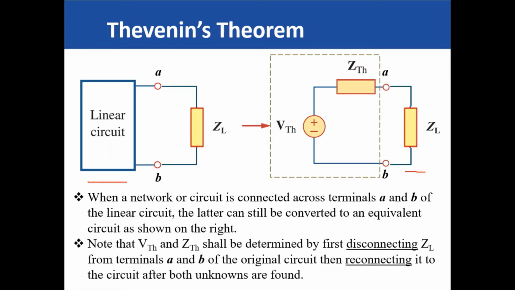And then after getting these parameters, VTH and ZTH, we can then proceed by reconnecting the disconnected element or network and proceed to determine whatever parameters that we need to determine.